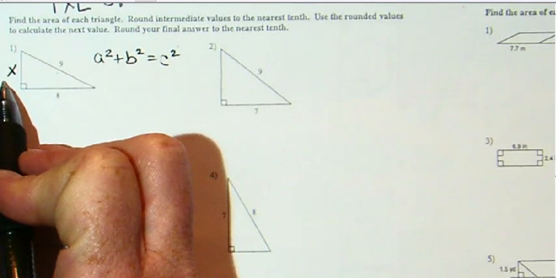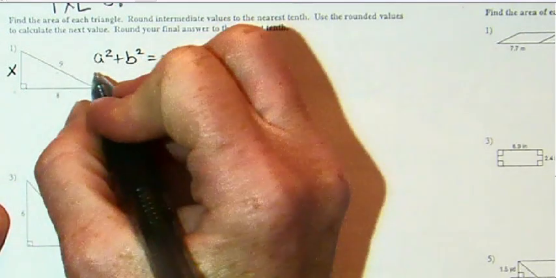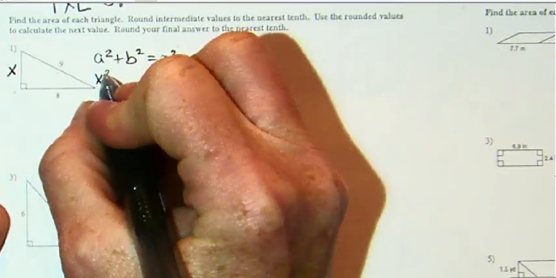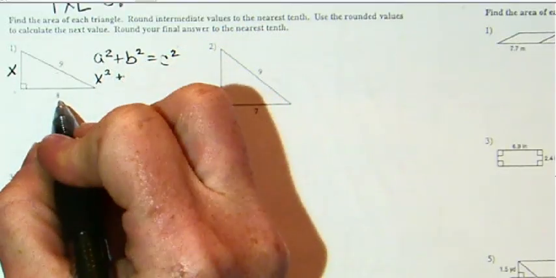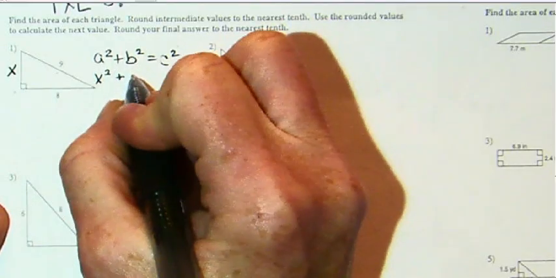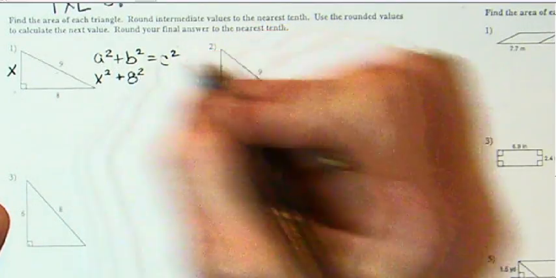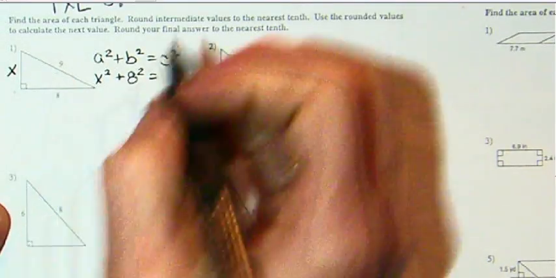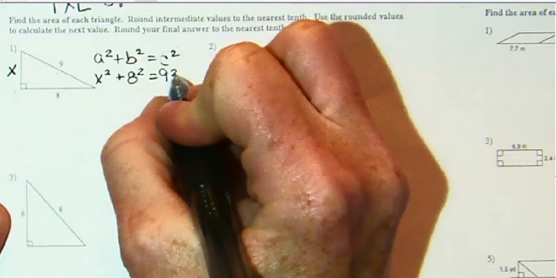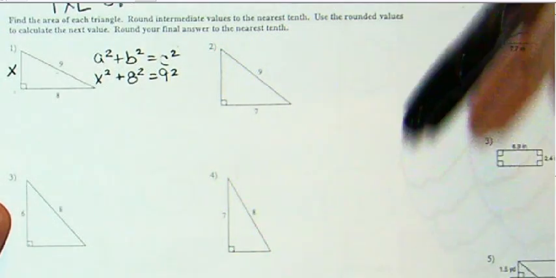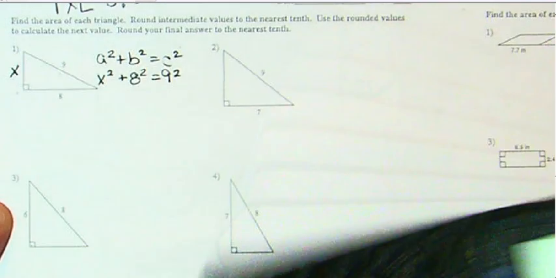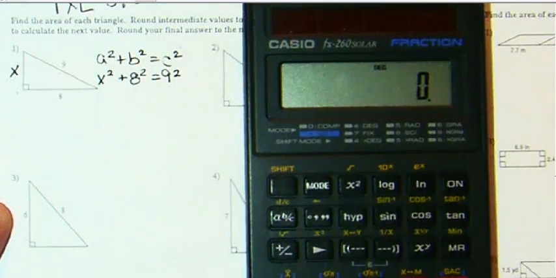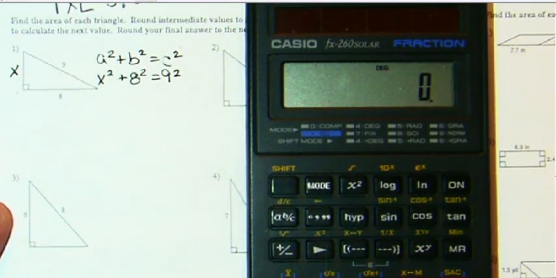So we could call the height x, we could call that a, so x squared, plus the base 8, we could call that b, so b squared, equals, and the hypotenuse c, which is 9 squared. We're going to use all this information along with our calculator to help us solve this problem pretty efficiently.